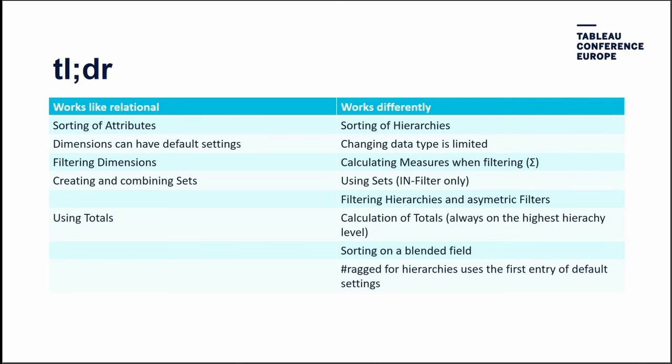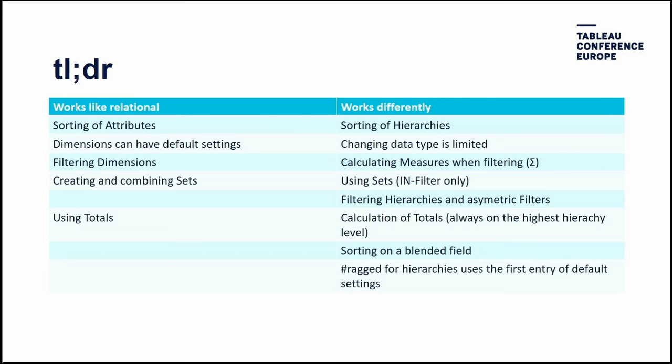Filtering dimensions works just like you're used to, but when you're filtering, the measures will be calculated if you're not having an intersection between all the different filter values you put in. Creating and combining sets works like in the relational world, but it's only an in-filter. This is the only use for it, whereas in the relational world you could do way more with that.